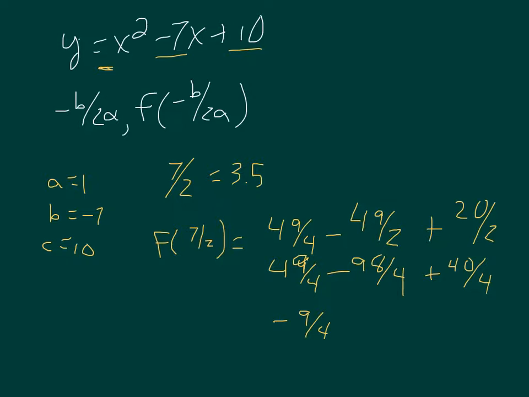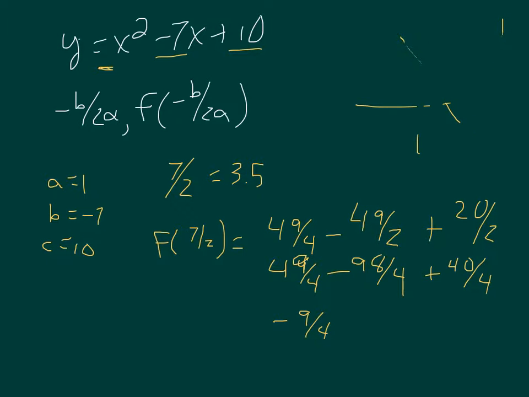So you can imagine your parabola has a graph that crosses at 5 and 2, something like this. That's actually a pretty horrible parabola. Let me do a little bit better.